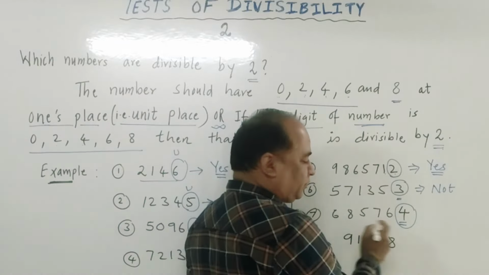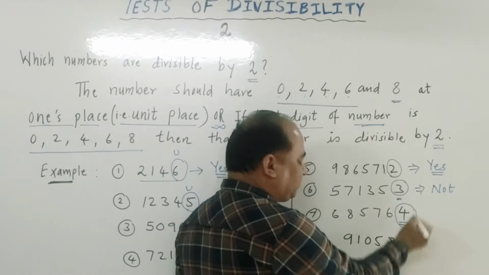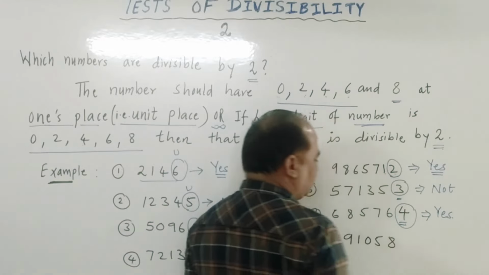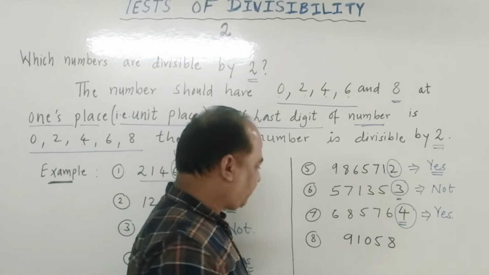If you divide this number by 2, you get remainder 0. So this is divisible by 2 as the ones place digit is 4.